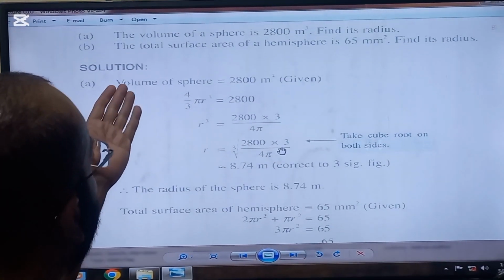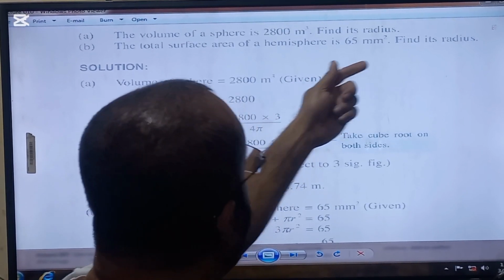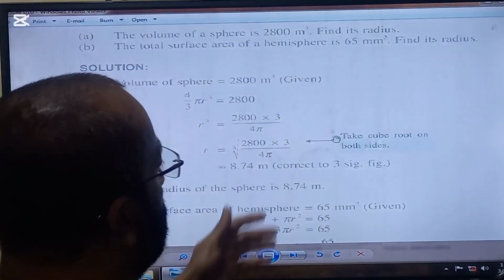In B part, we are given the total surface area of the hemisphere, that is 65 millimeter square, and concentrate carefully, that is given hemisphere.